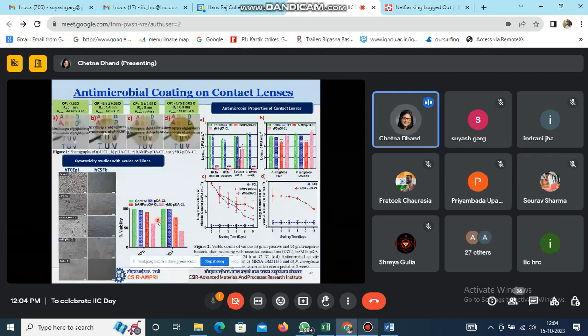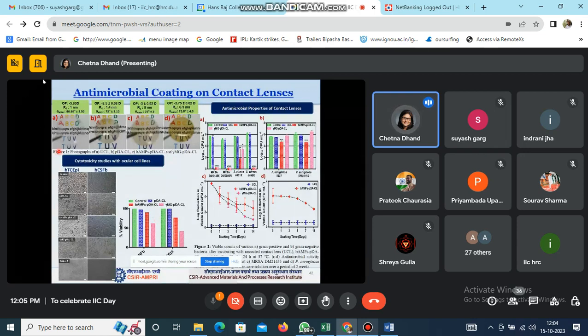So, taking this in mind, I wrote one project at the Singapore Eye Research Institute to protect these contact lenses from microorganisms. So it is like antimicrobial coatings on the contact lenses.